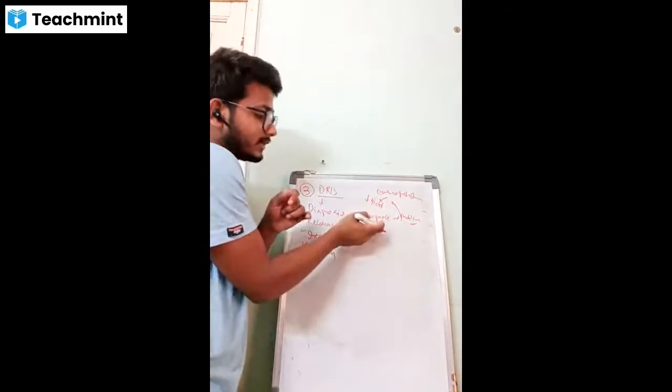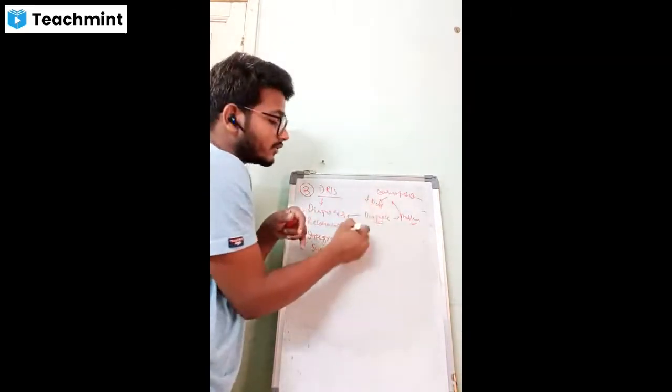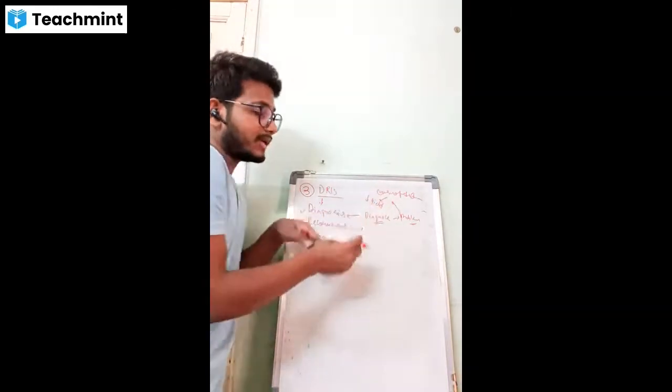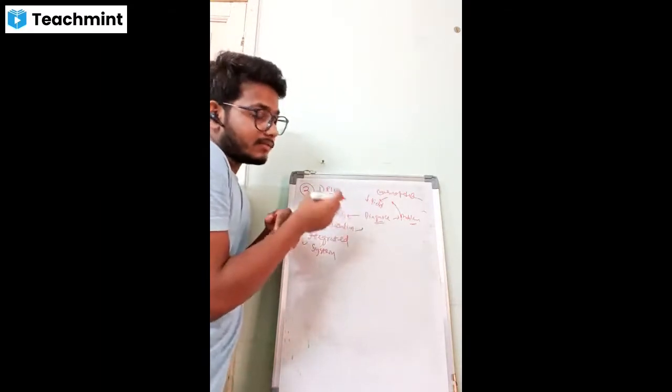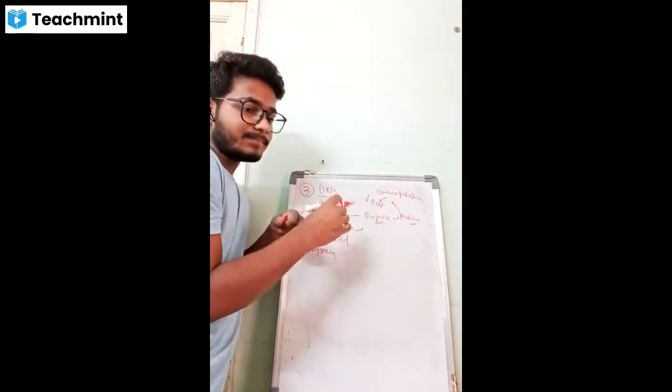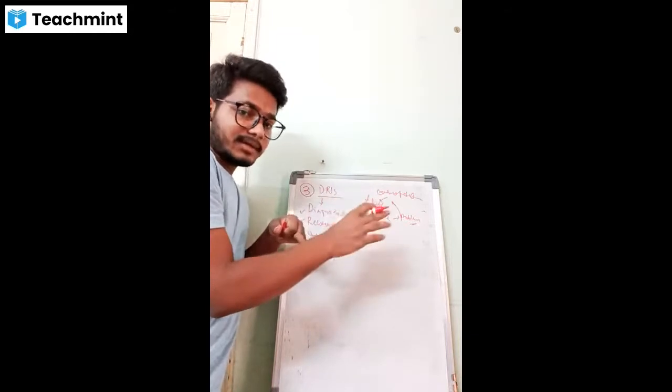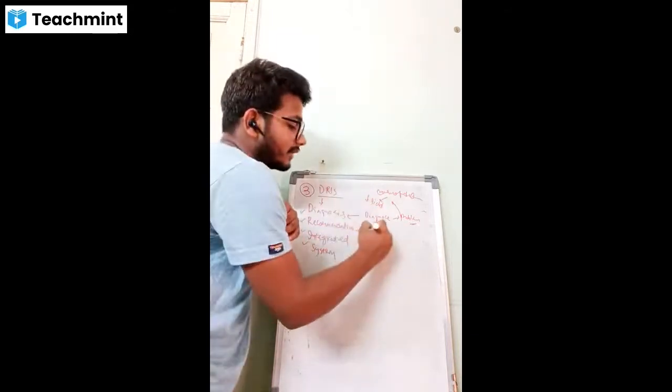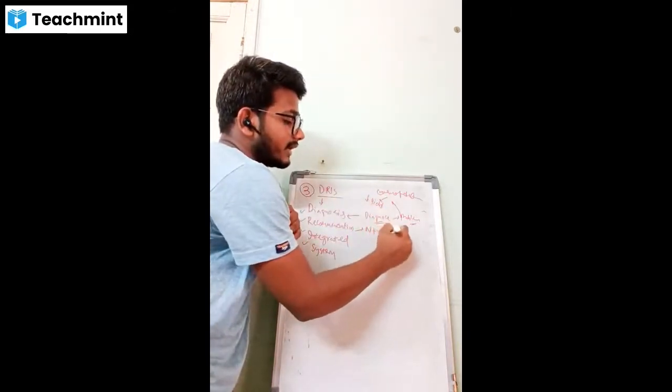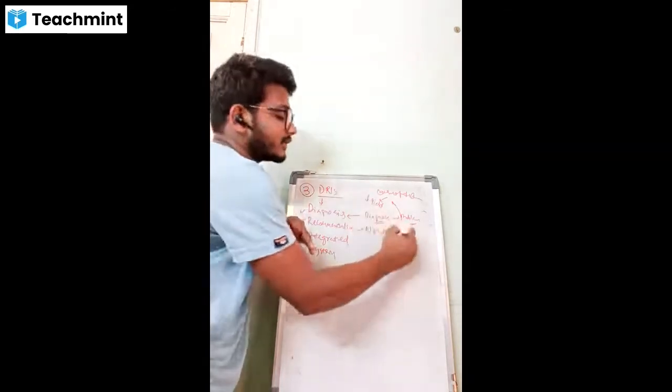Then after diagnosis, we should go for recommendation. For example, if we have diagnosed that there is a nitrogen deficiency in the plant, then we should go for N fertilizer. And how much amount of N fertilizer?